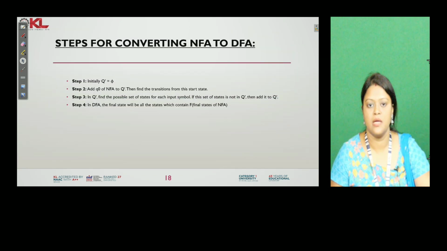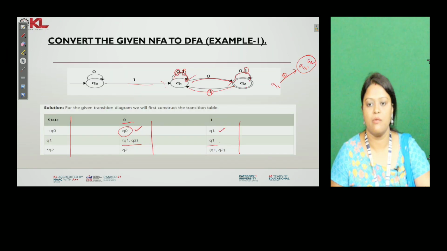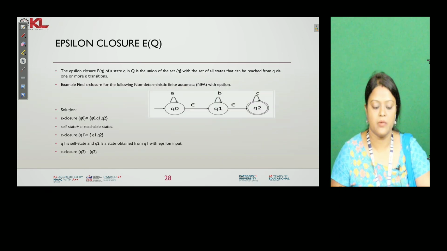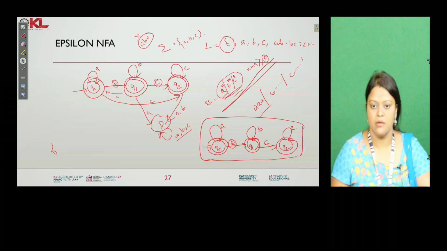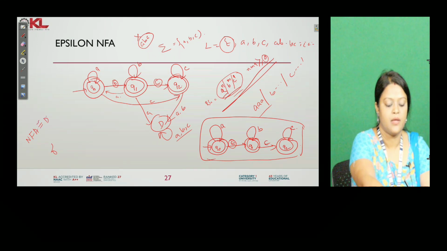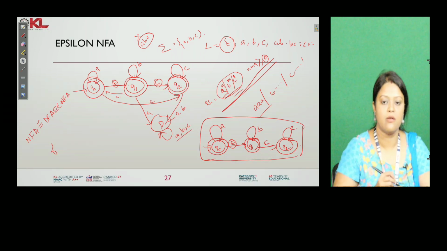So if we consider, in the last diagram we have seen that we have a DFA and an NFA. Now we can say that the NFA, DFA and epsilon NFA are all equivalent, logically equivalent.